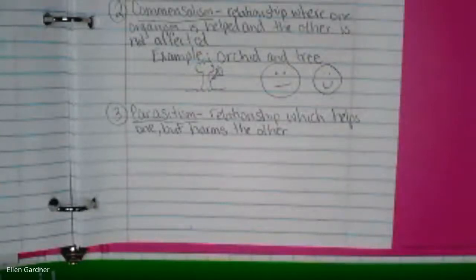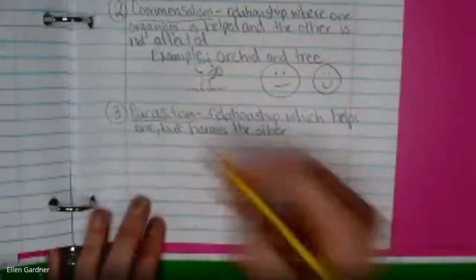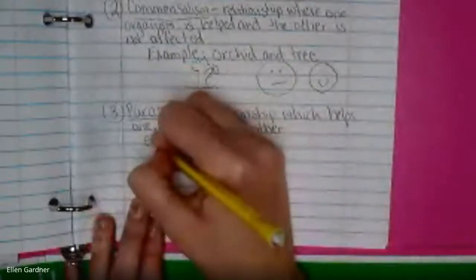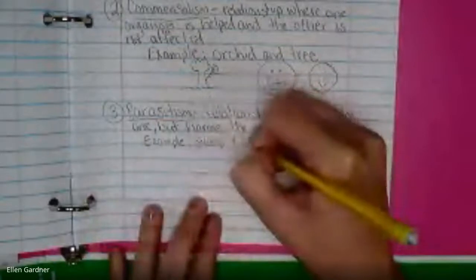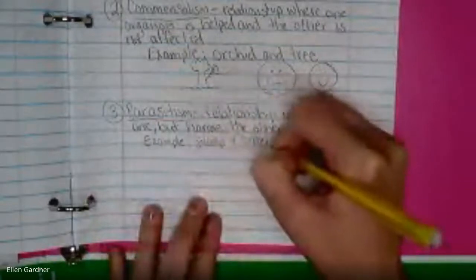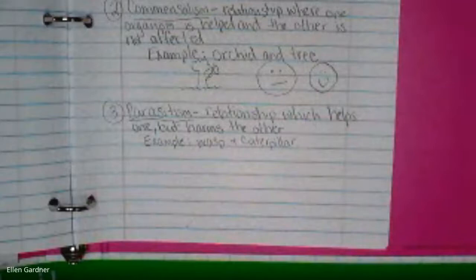Okay. So for parasitism, an example of that was the wasp and caterpillar. In that example from the book, a wasp lays eggs on a caterpillar, and when the eggs hatch, the wasp eats the caterpillar.